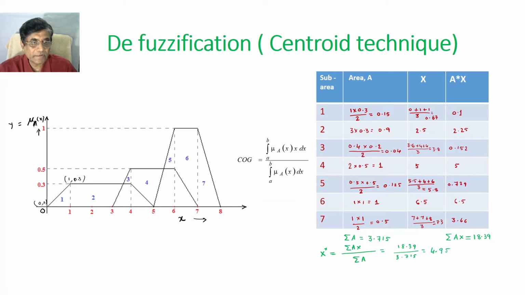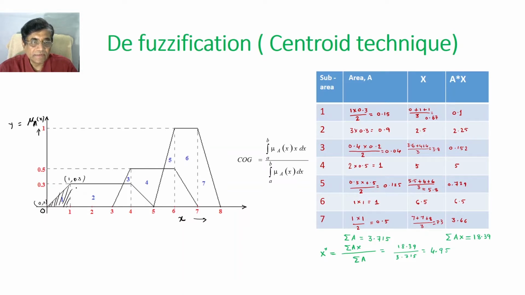So you can always figure out the equation of this curve. Here it is a straight line passing through this point, and then you can evaluate this integration as a definite integral, from 0 to 1. So you will get this area.